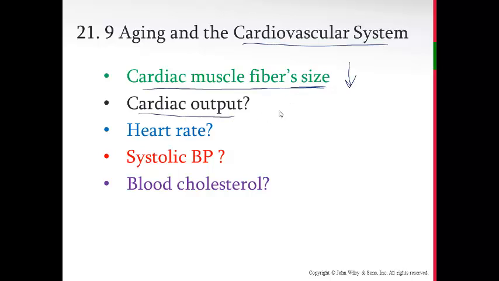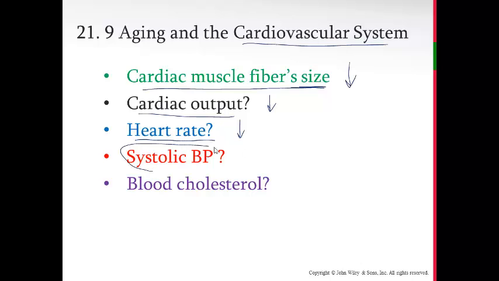Now, what do you think happens to the output? The cardiac output is the volume that is pumped out each time your heart contracts. Your heart's been working hard for a long time, so it may be pumping less. How about heart rate? Your heart rate may be slower.